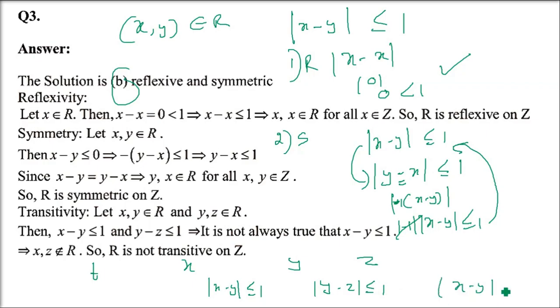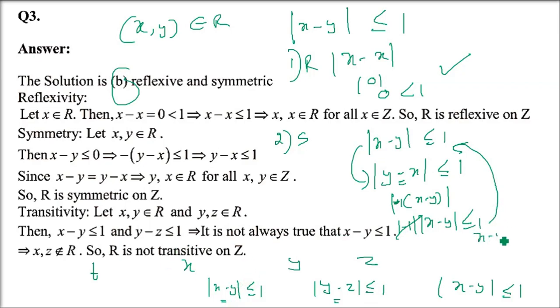Is it always true that x minus z will be less than or equal to 1? We don't know that.